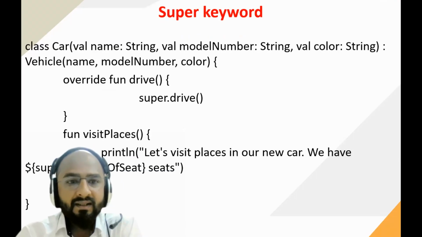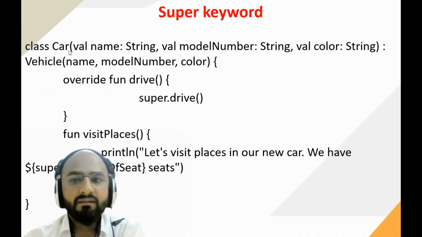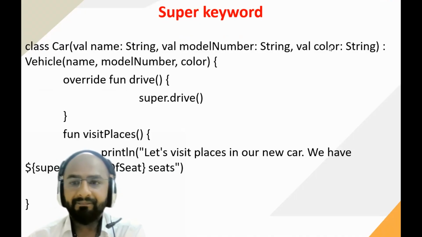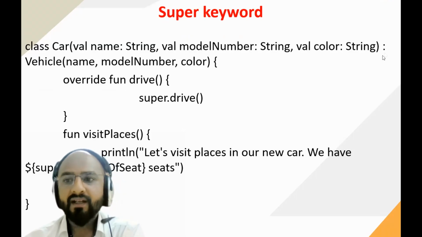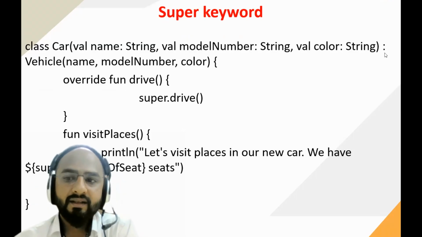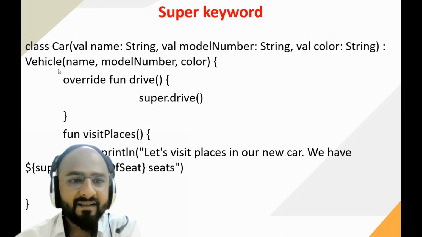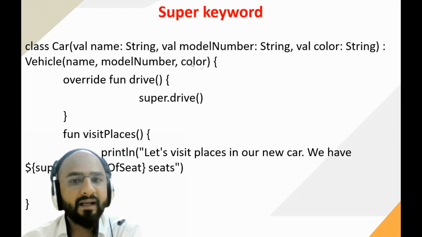Next. Say for example, here I have written a class named Car with, say, 3 variables: name, model number, and color. And by using the colon sign, you can inherit the class in Kotlin. So I am inheriting the Vehicle class into the Car class with name, model number, and color.